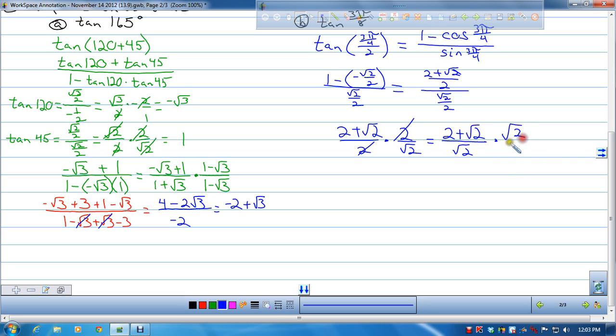So that's going to equal 2 times root 2 is 2 root 2. Root 2 times root 2 is 2. Simplify that. 2 root 2 over 2 would just be root 2. And 2 over 2 is 1.